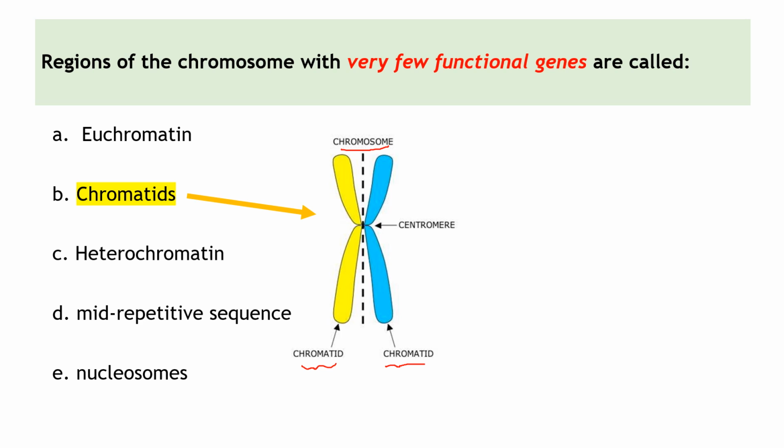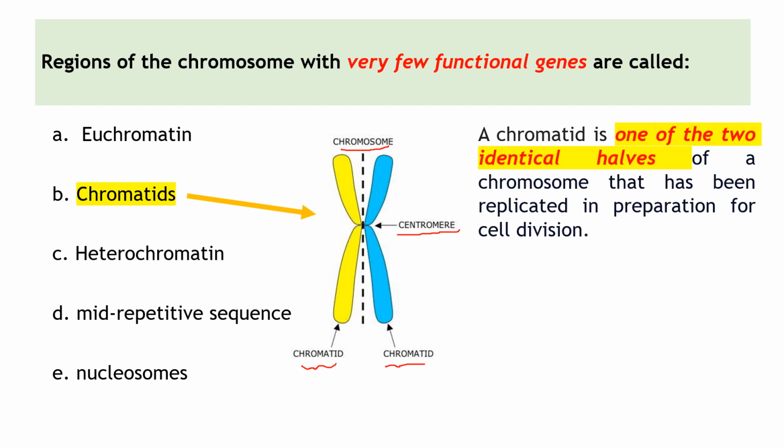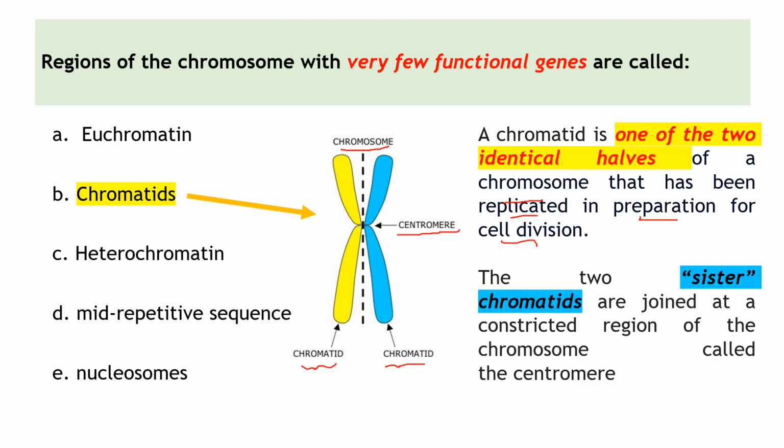They are joined together in the centromere. A chromatid is one of the identical halves of a chromosome that has been replicated in preparation for cell division, and they are linked together. These sister chromatids are joined at a constricted region called the centromere.